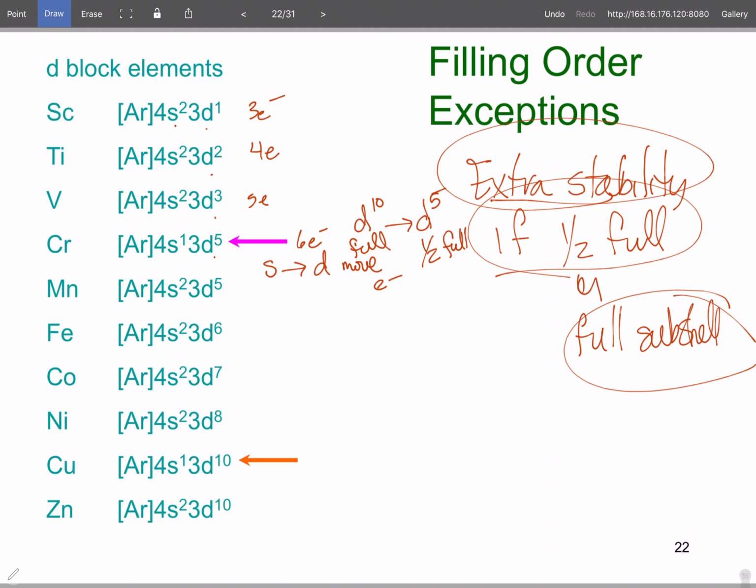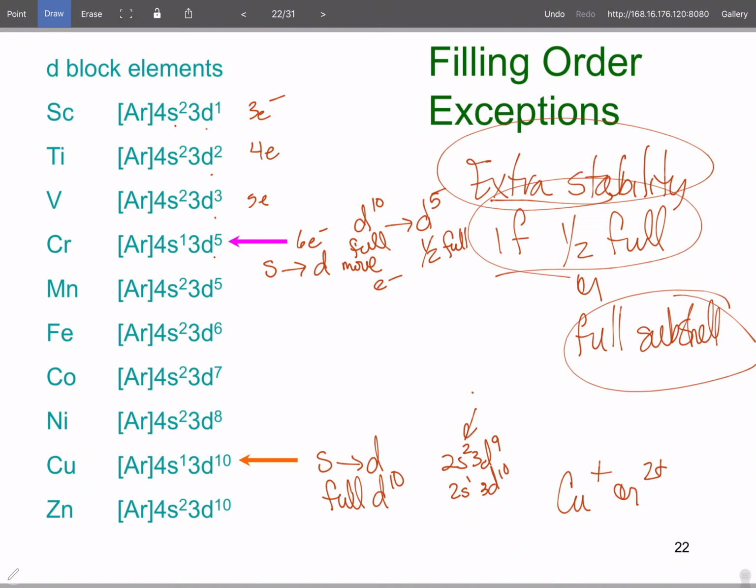So remember when we went to copper, copper can be either 1 plus or 2 plus, and you're like, wait, but if you do the order, then it really only should be 2 plus because it's got the 2 S's. Well, again, we moved 1 from an S to a D to get a full D. So that means that you can have the 2 S's with a 3d9, or you can have 1 S with a 3d10.